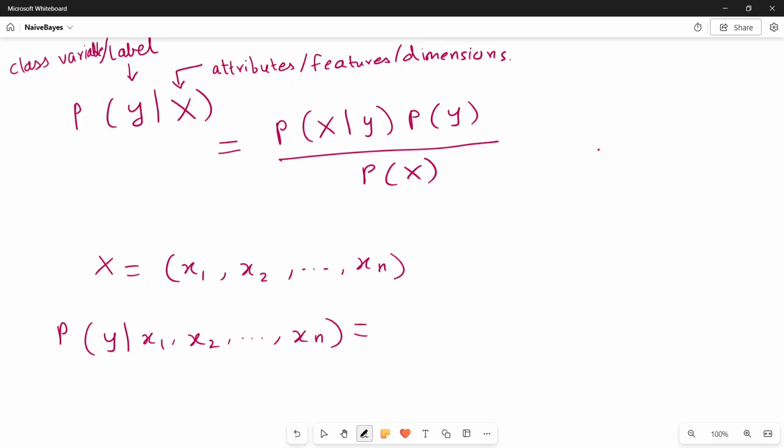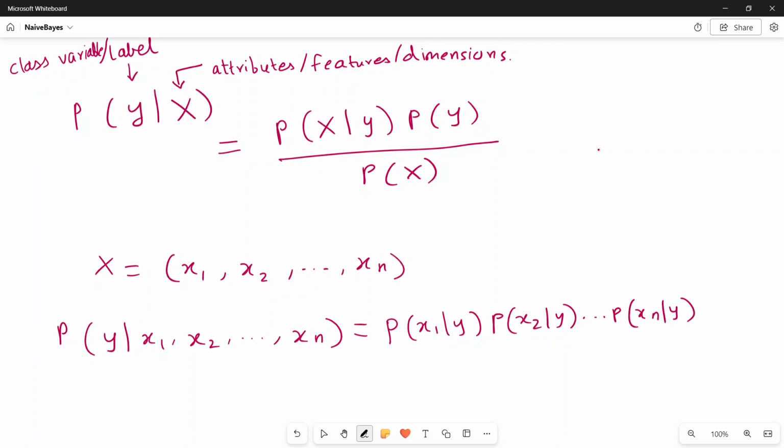The naive assumption of Bayes theorem is that all of these features x1, x2 up to xn are completely independent of each other. Therefore we can write the probability of x given y as a product: the probability of x1 given y, times the probability of x2 given y, and so on up to the probability of xn given y.